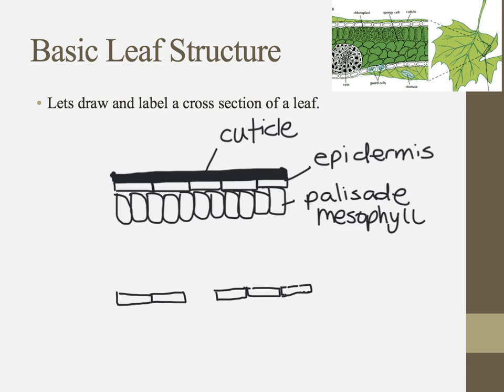Now in here, we're going to have a region of sparsely placed cells, and this region is what we call the spongy mesophyll.